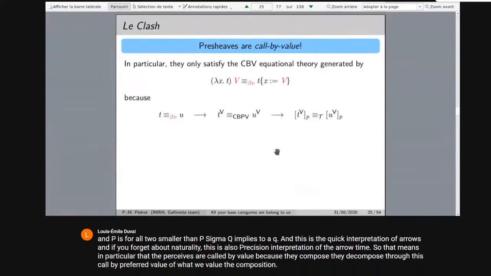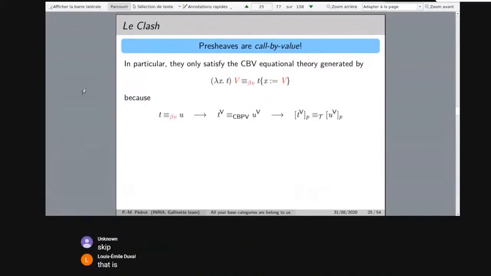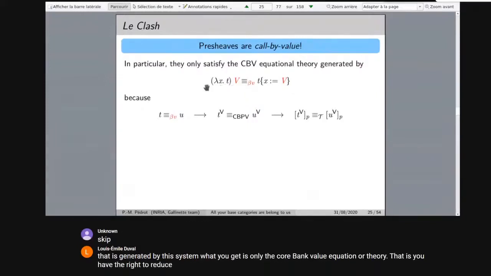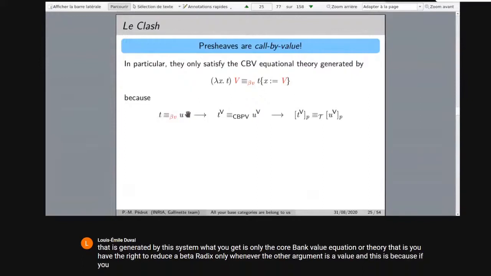decomposition. So that means in particular that if you look at the equational theory that is generated by this system, what you get is only the call by value equational theory. That is, you have the right to reduce a beta redex only whenever the argument is a value. And this is just because of that first arrow here.